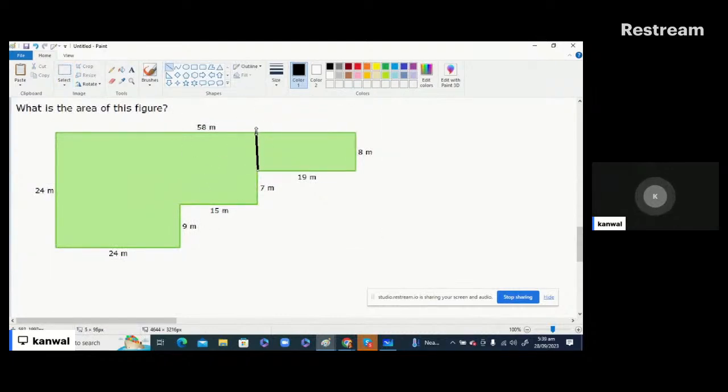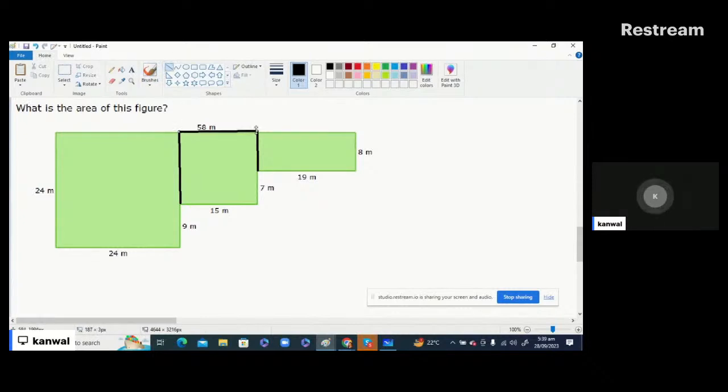First part I'm going to convert this. Then I'm going to convert this. Got it now? Now find out the areas. First one is the rectangle. Second one is a square.